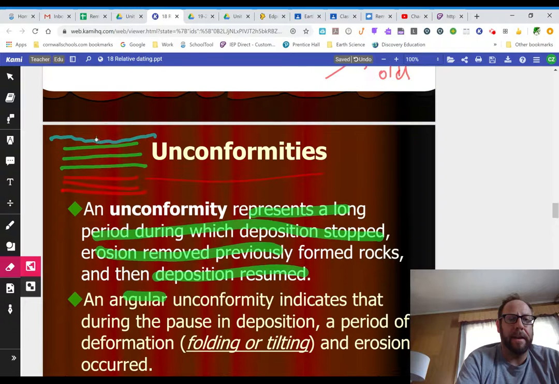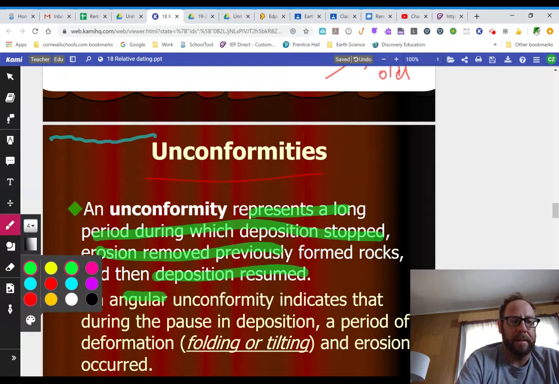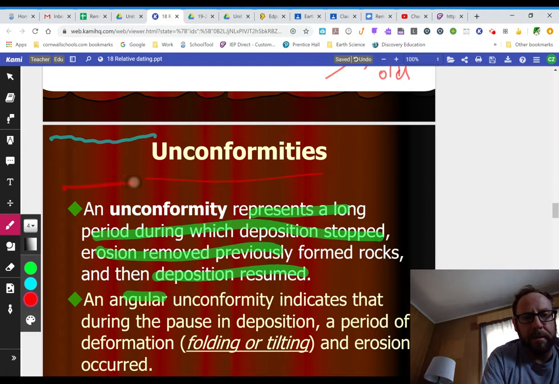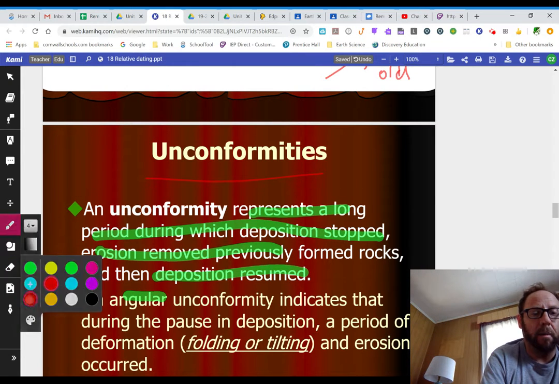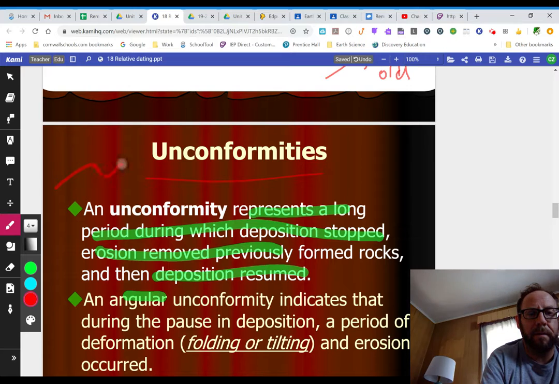Similarly, if we had an angular unconformity, we get rid of these rock layers. What that means is rock layers were laid down horizontally. Simple. During the uplift, the rock layers were tilted or folded or disturbed. Okay.